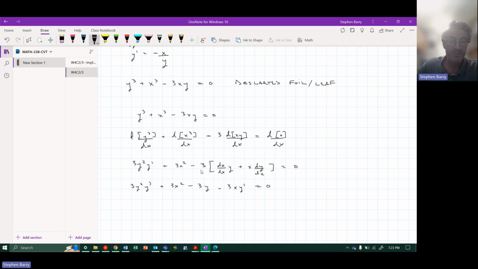So now you want to put anything with y prime on the left and everything without on the right. And I'll cancel out the threes at the same time.